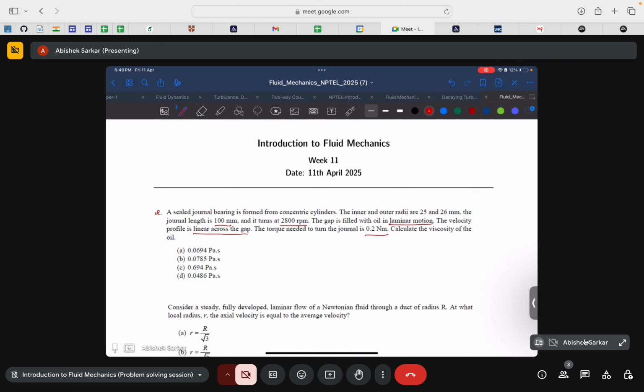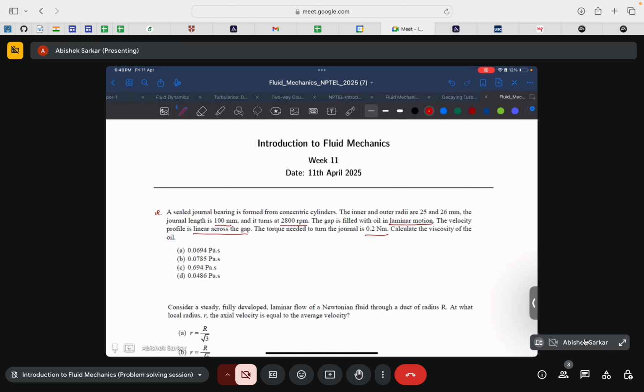So for solving this, you need to at least have an idea of the flow between two parallel plates where one of the plates is moving. This is basically the result from Couette flow. For the sake of saving time, I omitted this Couette flow part, but since it was already discussed in the lectures, you can give it a try.